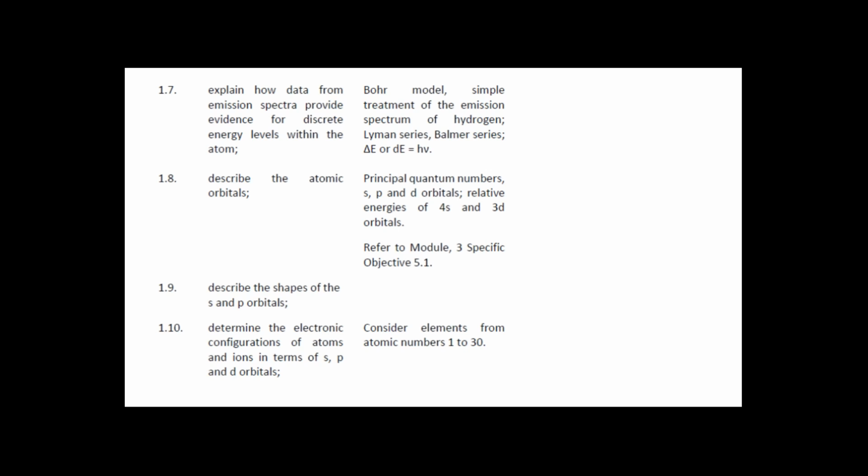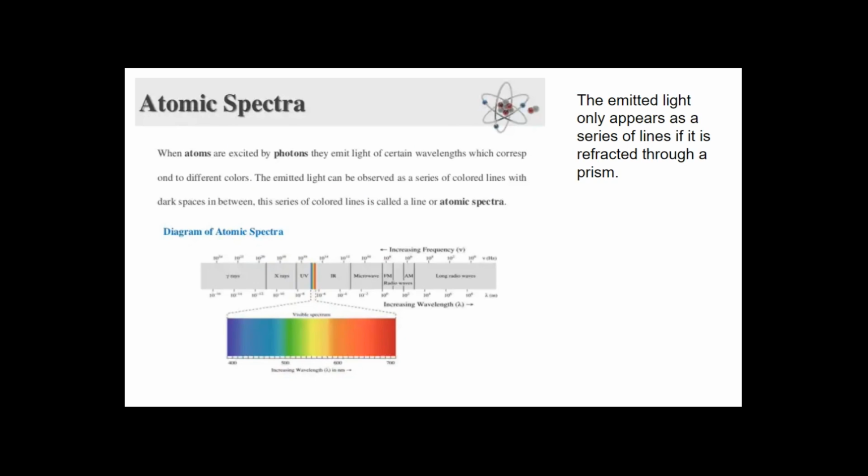Principal quantum numbers refer to shells, and shells can be arranged into different orbitals, which can be s, p, or d, and they have different energy levels, and they also have different shapes. And we're going to look at electronic configurations. But we begin with atomic spectra.